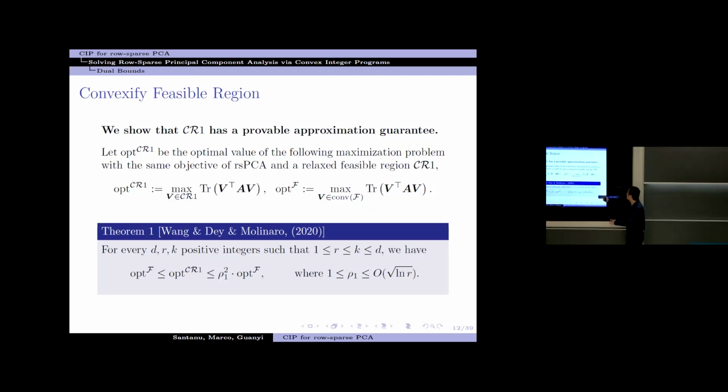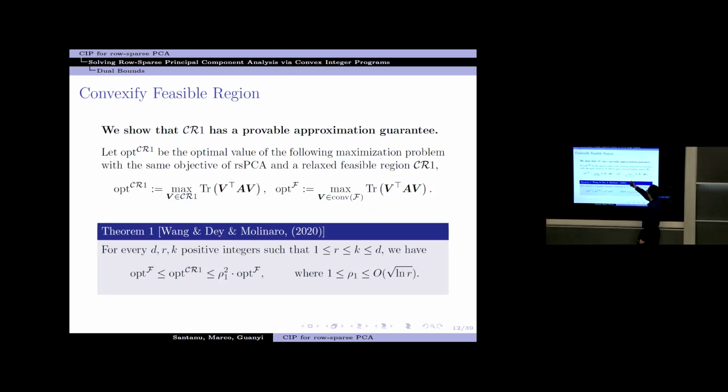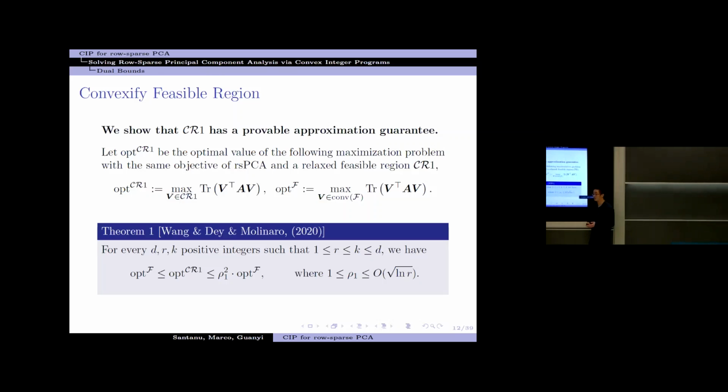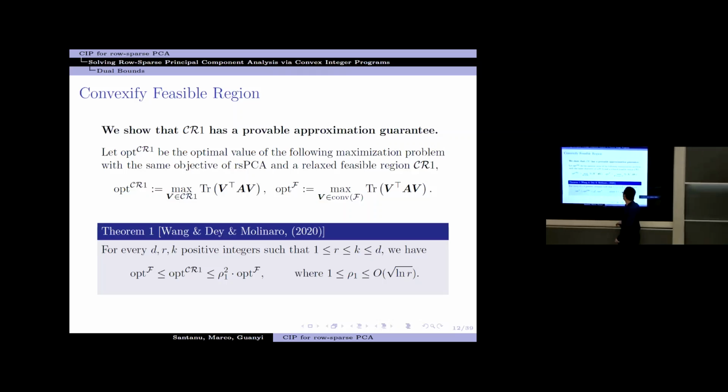The first theorem says that if we replace the original convex hull of the feasible region F by this convex relaxation CR1, what we obtain is a multiplicative approximation ratio on the objective function value. Formally speaking, opt CR1 is lower bounded by opt F and upper bounded by some approximation ratio squared times the opt.